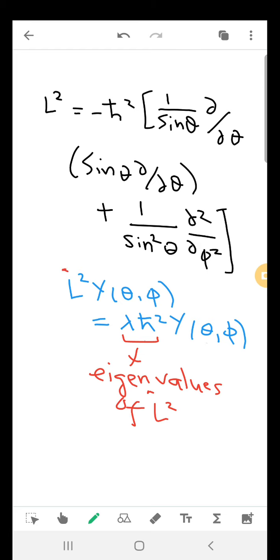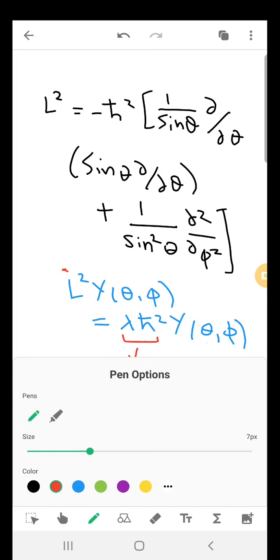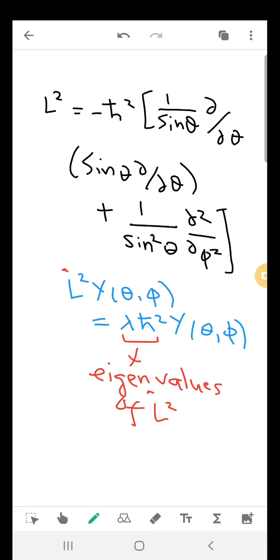Now this lambda value takes L into L plus 1 values, where L starts from 0, 1, 2, 3, and so on.